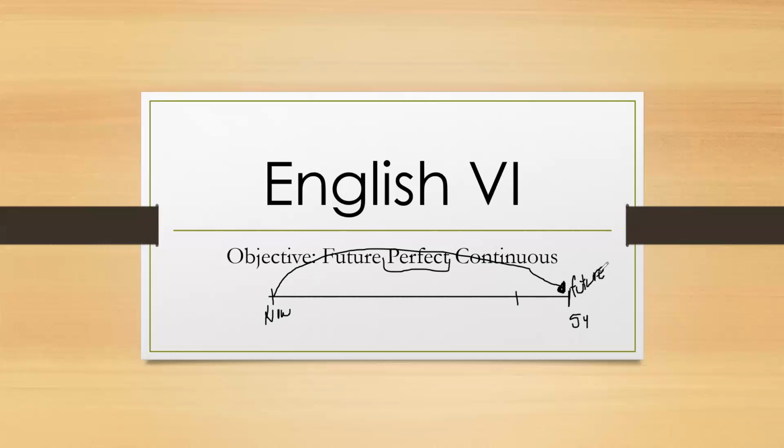All of the actions that will take place before this future will have to be expressed in future perfect. Okay, so that's why I'm saying, es por eso que digo que el future perfect es el pasado del futuro. Okay, antes de que suceda esta acción, puede ser que tengamos que realizar estas otras acciones.